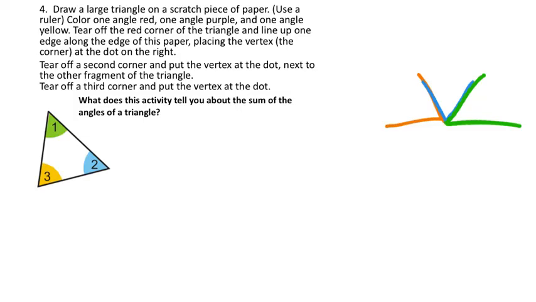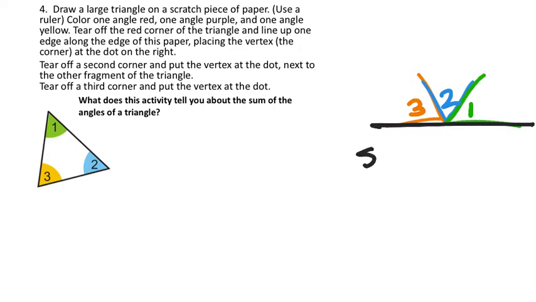We probably noticed my drawing wasn't great, but when I combine these 3 angles, and we can even label them, angle 1, angle 2, and angle 3, what's supposed to happen, if you draw this better than I did, is that they create a straight line right here. What do we know about straight lines?